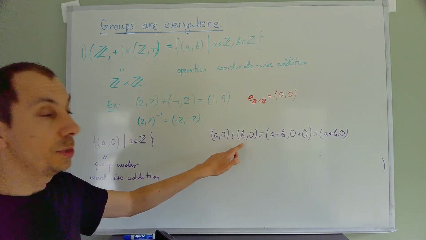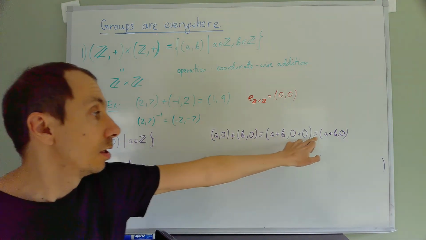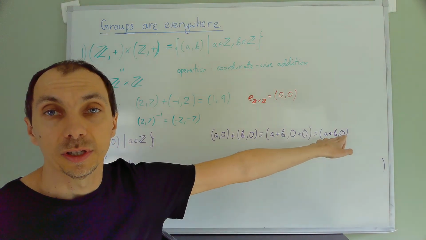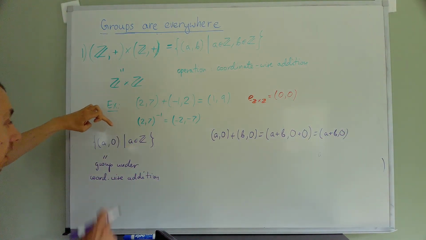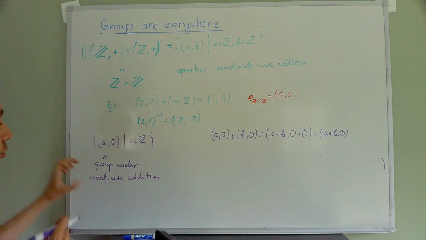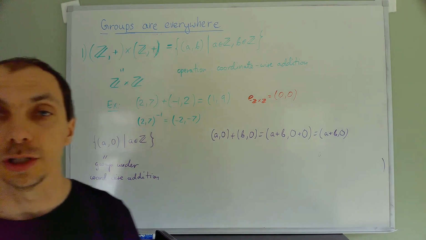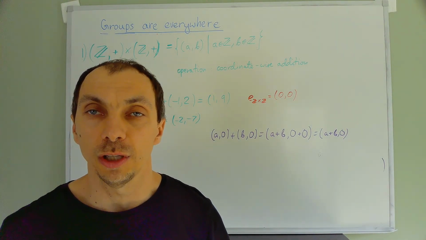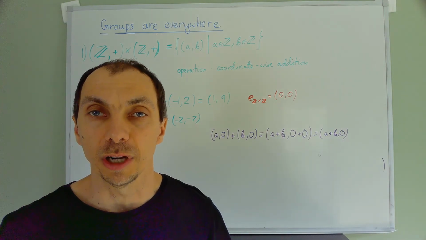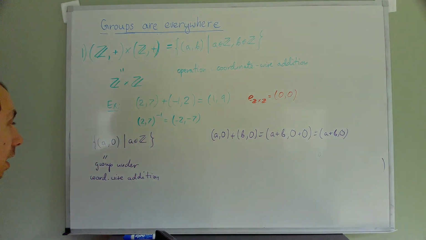A was an integer, B is an integer, so A plus B is an integer, and I still get 0 on the second coordinate. So you see that this set is closed under the coordinate-wise addition. In other words, the coordinate-wise addition defines a binary operation on that set.